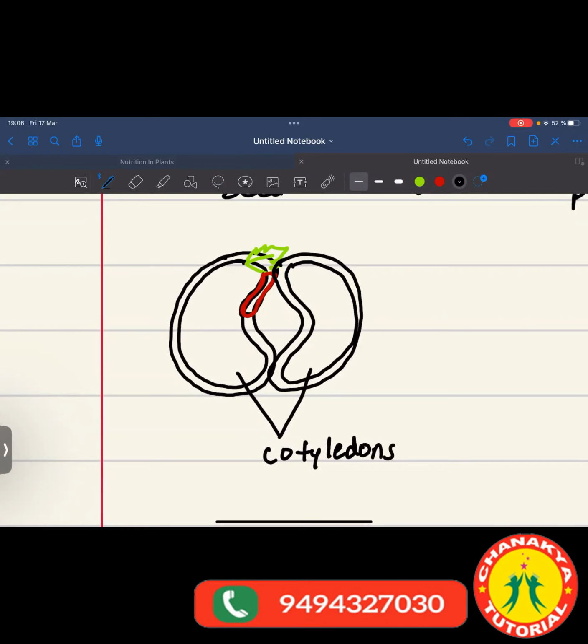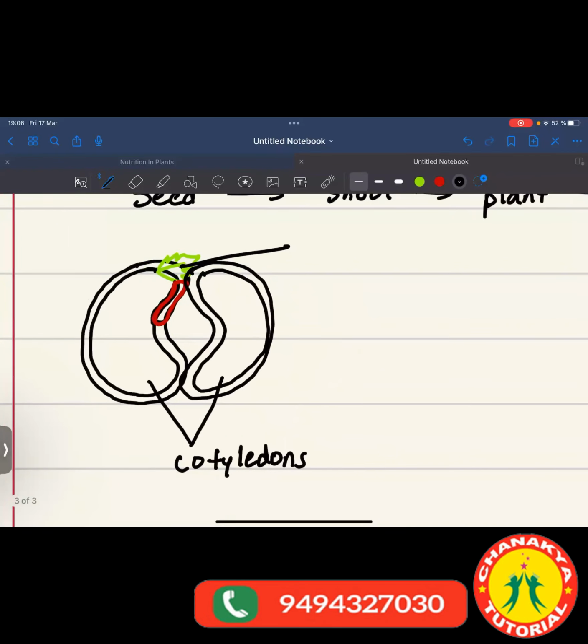Okay, and this small shoot kind of thing that is growing is known as an epicotyl. Say it, what is it called? Epicotyl. This other layer on the seed is known as a seed coat. It's like a coat that covers a seed. Okay, and this opening region is called a radicle.